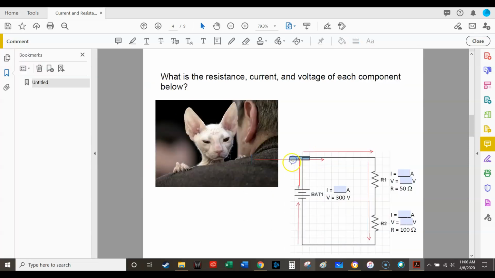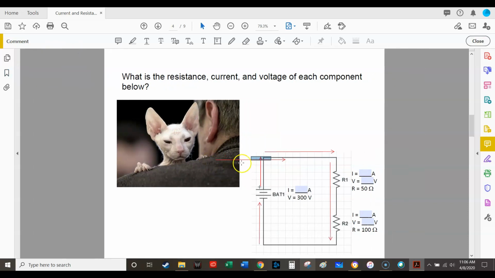And then finally, this same current is going to flow across this bottom wire and then go back in. So I've tracked the current, and now I want to start the problem.